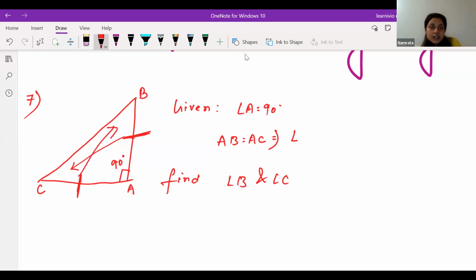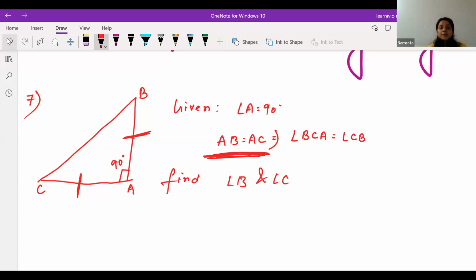Okay, so let's write it. Since these two sides are same, hence angle BCA will be equal to angle CBA. Again, angles opposite to equal sides are equal.